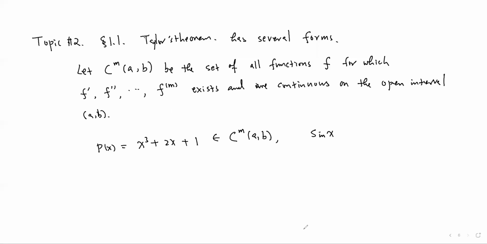Sine of x has derivatives of any order, and after you take a derivative, it is still continuous. So this is in C^m(a,b), defined on negative infinity to positive infinity.